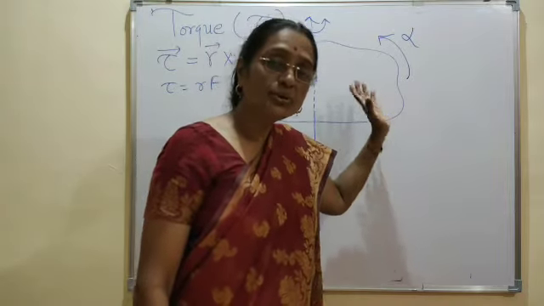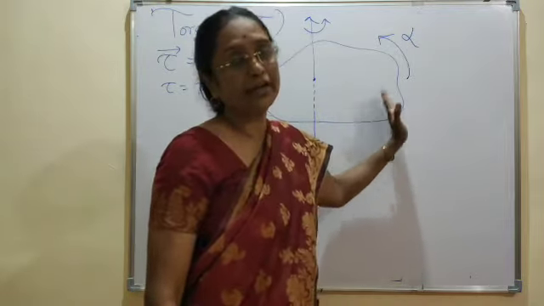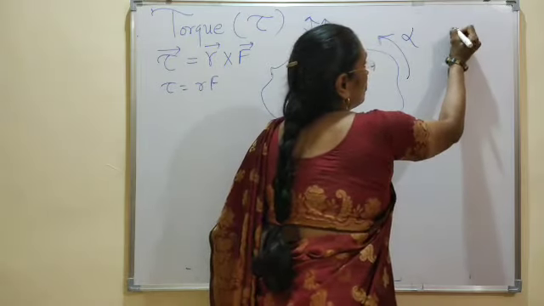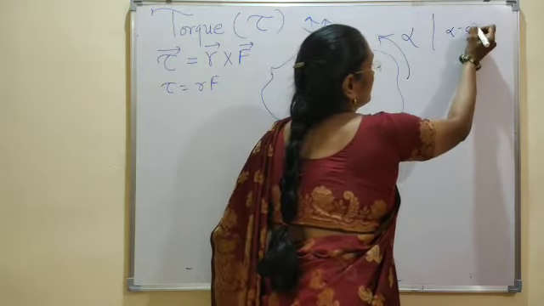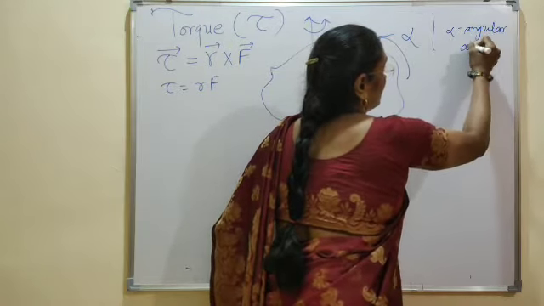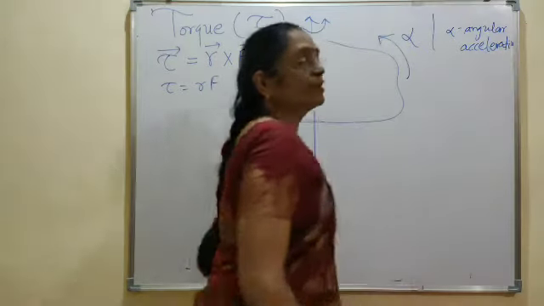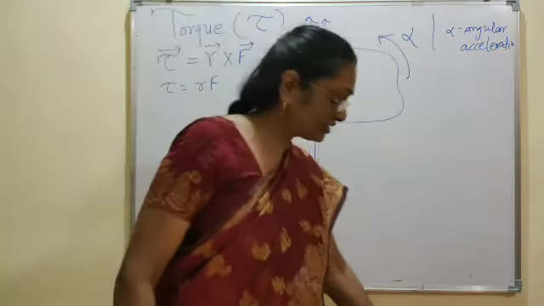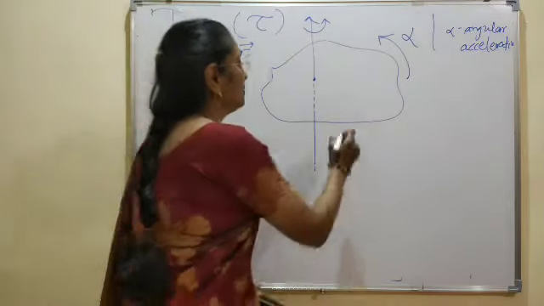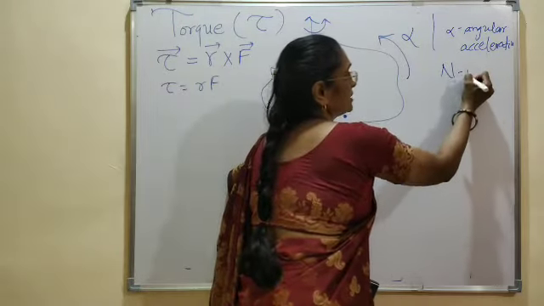It is continuously increasing or continuously decreasing, but here we take it as continuously increasing. So here alpha is the constant angular acceleration. When the body rotates, it is accelerated. For that, we again consider the body consisting of n particles.